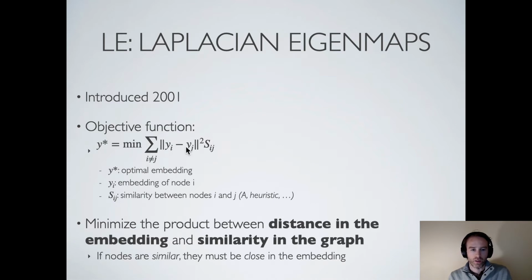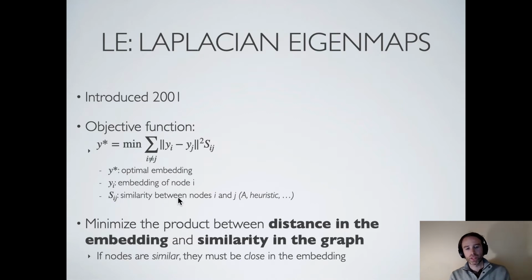This part corresponds to the difference between the embeddings of the nodes: in the final embedding, this is the vector of node I, and this is the vector of node J. We compute the difference between these two vectors and multiply it by the value of the similarity between I and J. So you also need as input a similarity matrix.